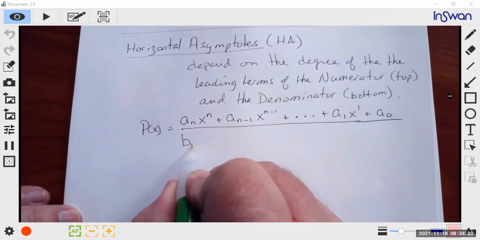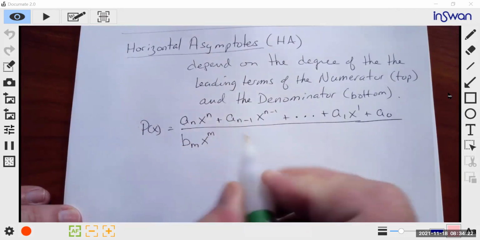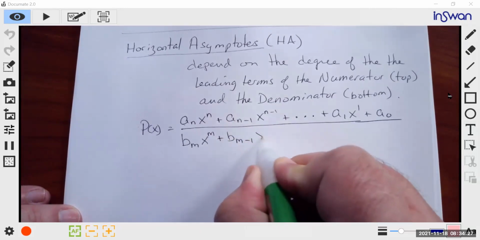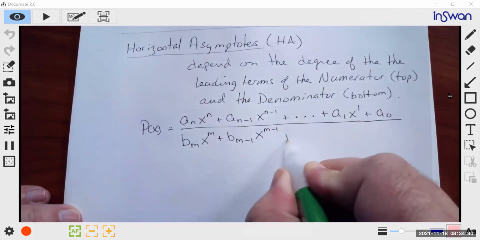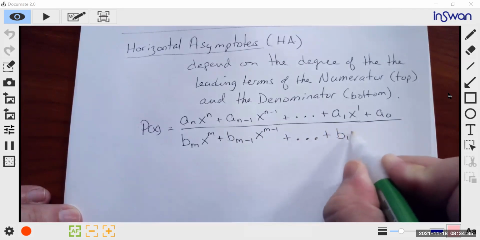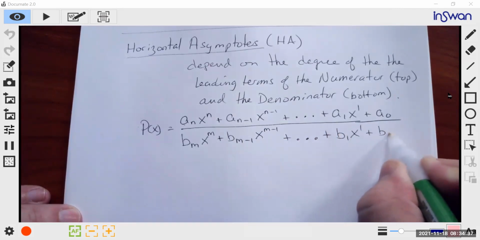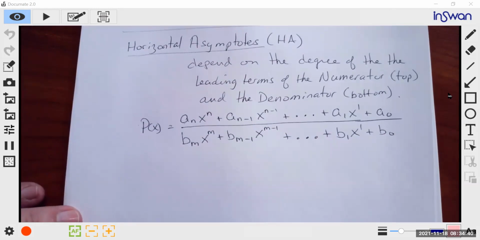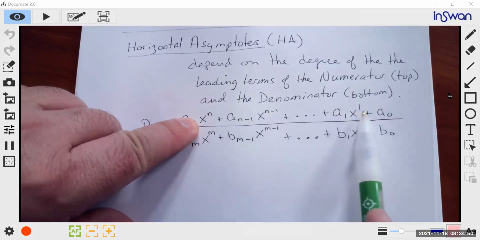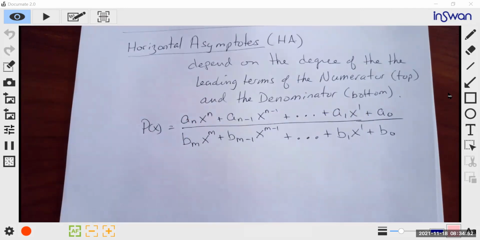And the bottom would look like this. All this says is the exponents are decreasing. If it was 5, then it's 4, 3, 2, 1, 0. So that's all it says, the polynomials are set up in a decreasing order.